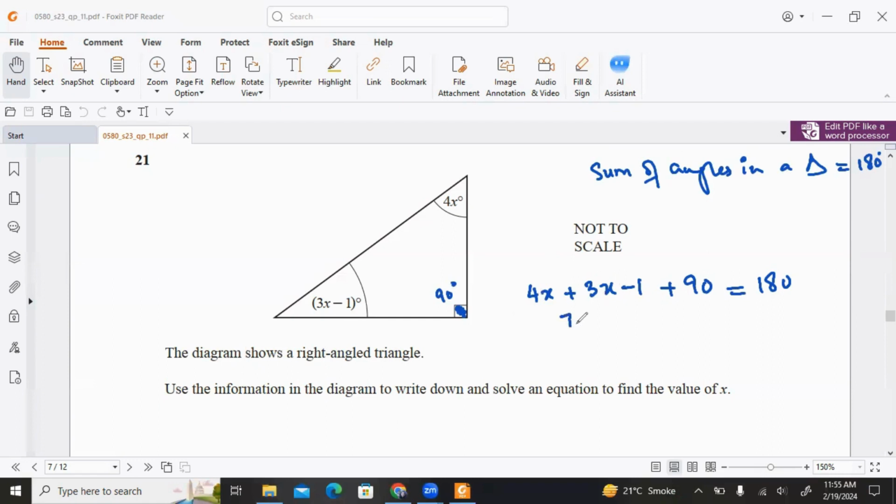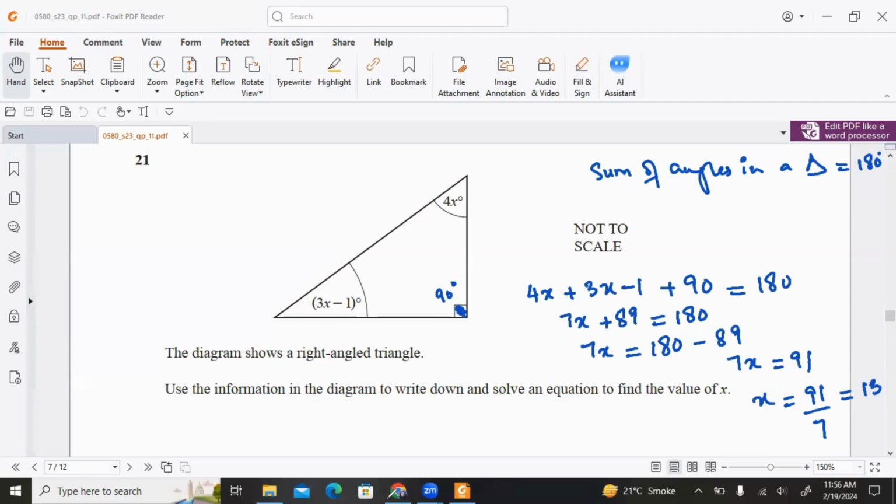So 4x plus 3x is 7x. 90 minus 1 is 89. And then you move it to the other side. So 180 minus 89 is going to be 91. And 91 divided by 7 is going to be 13.